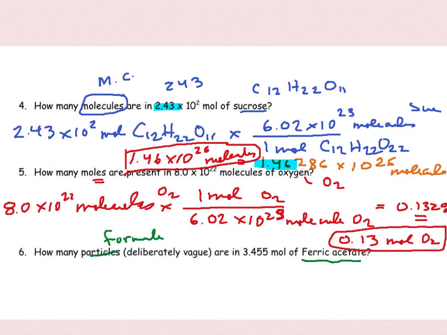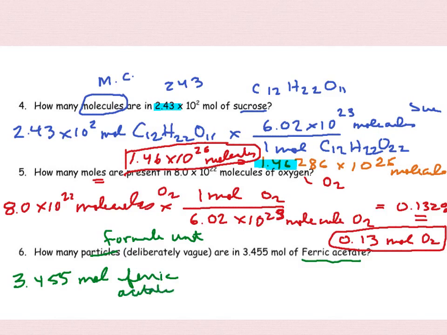And you get that off your yellow table or from your head, one or the other. Write down what you're given: 3.455 moles. Since you don't really need to know the molar mass of this compound, I'm just going to cheat and write down ferric acetate.